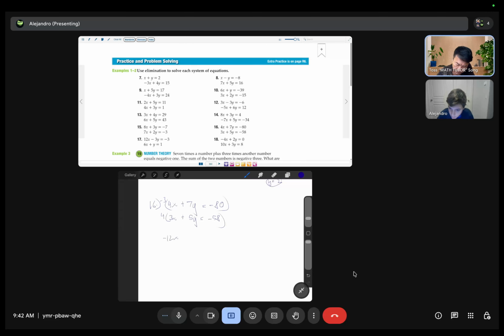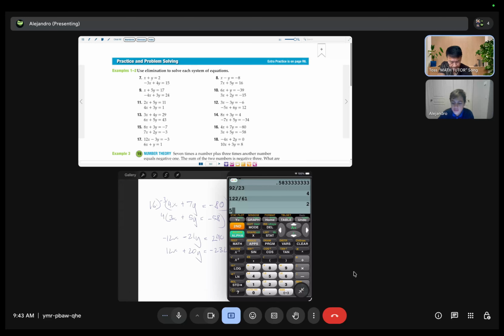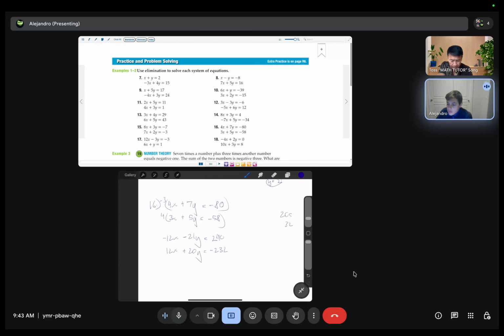Negative 12x, 21y, 240, and the second equation, 12x, 20y. What is that? 200 plus 32, negative 232. I'll check that if you want. 58 and 4. Yeah, 232, negative 232.